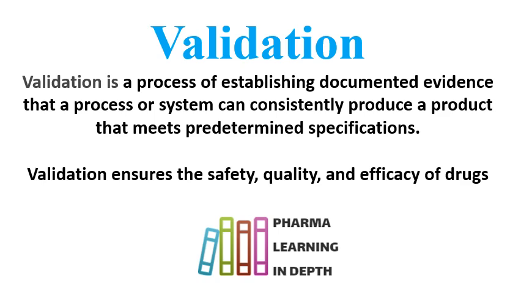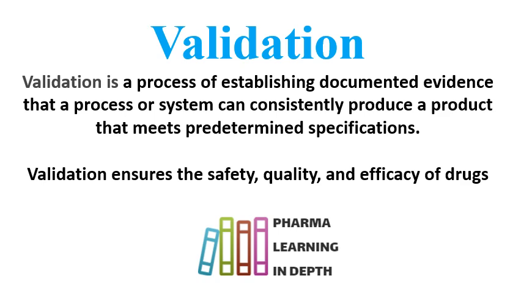That process is called validation. So by definition, validation is a process of establishing documented evidence that the process or system can consistently produce a product that meets predetermined specifications.